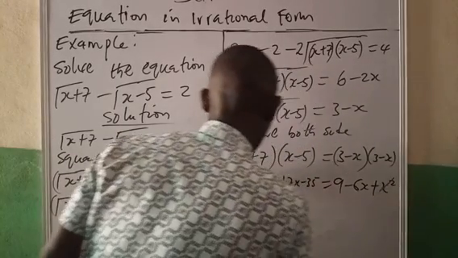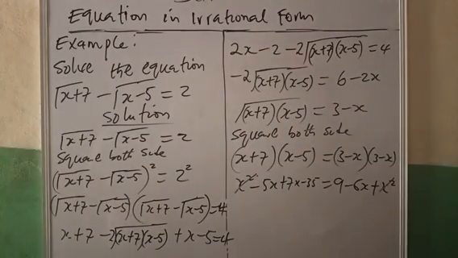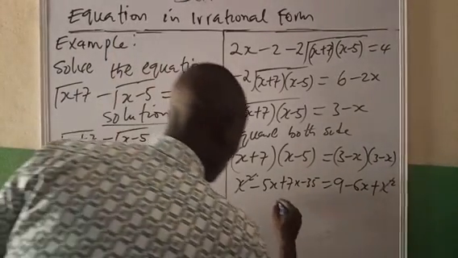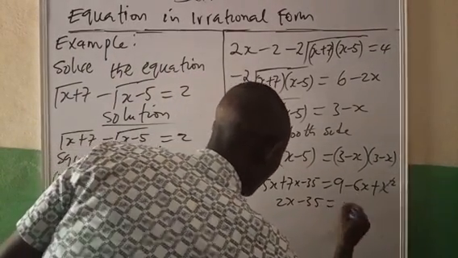So s squared can cancel out s squared. So here we are left with what? We are left with 2s minus 35 is equals to 9 minus 6s.